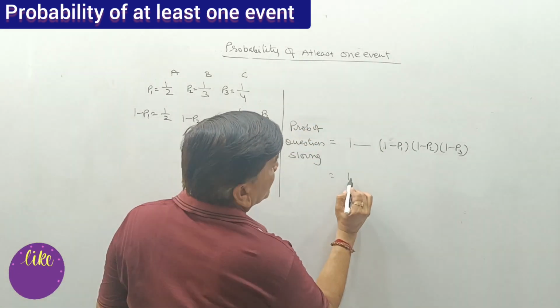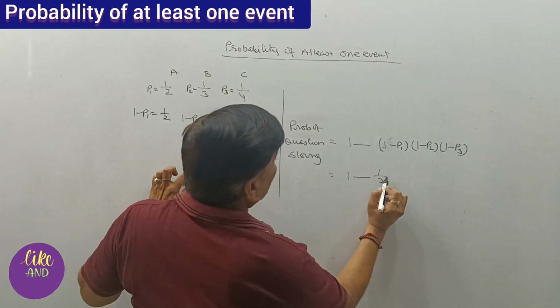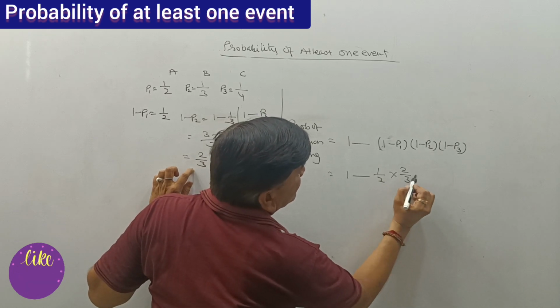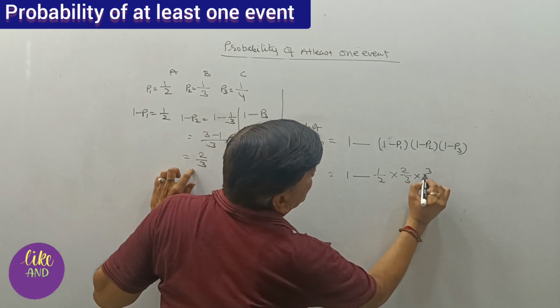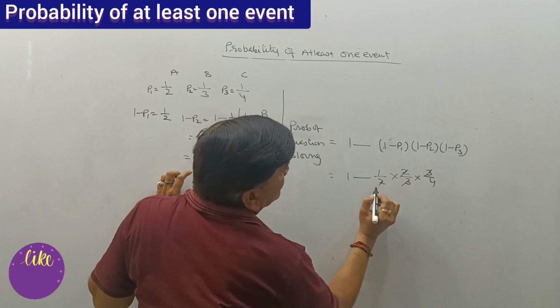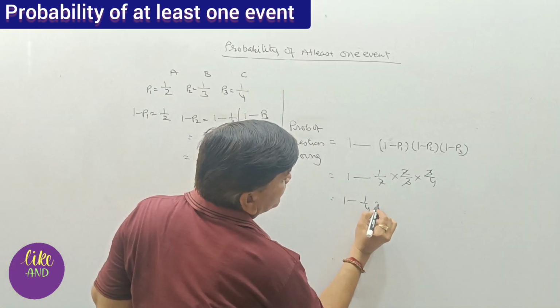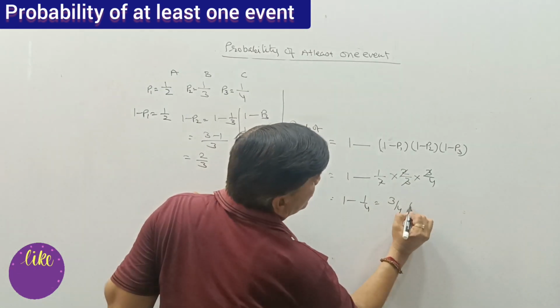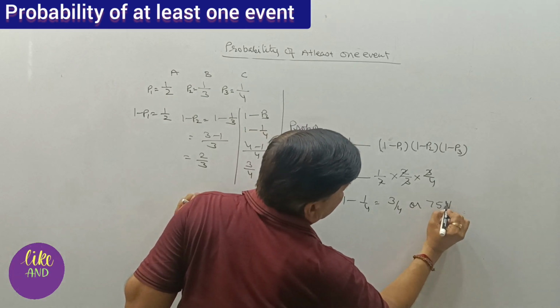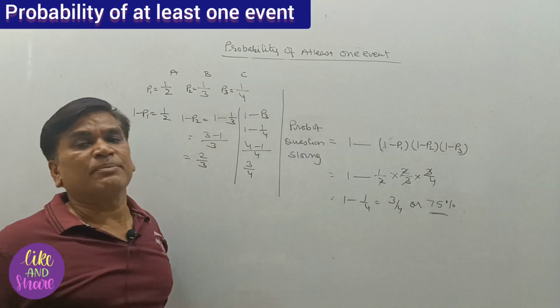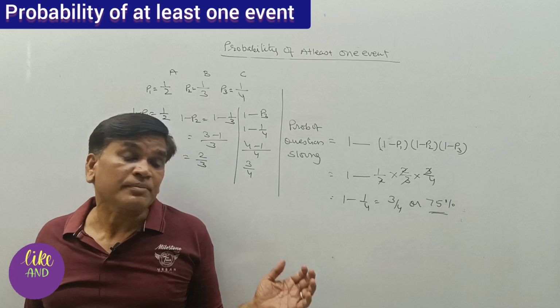So that will be 1 minus 1 by 2 multiplied by 2 by 3 multiplied by 3 by 4. 3 and 2 cancel. So that is 1 minus 1 by 4, so 3 upon 4, or a 75% chance that the problem will be solved.